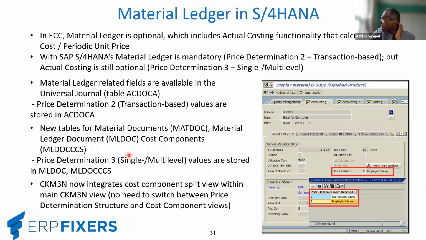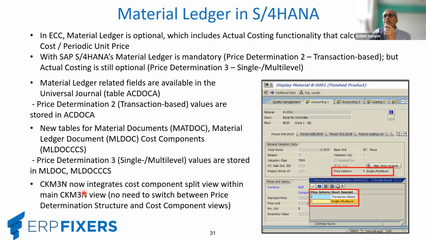In the past, the valuation used to come from MBEW table, even today in the new world. But this MATDoc and MLDoc are tightly integrated. In the past, there used to be separate tables for material ledger, MLIT as material ledger items, or MLHT material ledger header. They have all been merged into MLDoc.